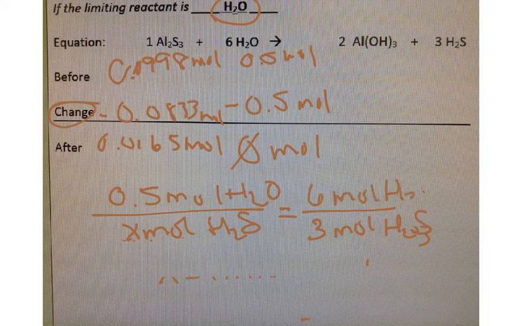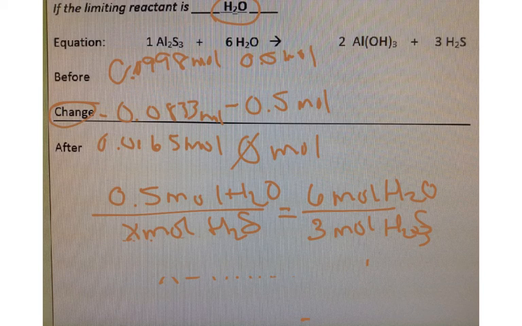The reason why we're using this limiting reactant one to figure out how much we could actually produce is because you always have to base every theoretical yield or possible amount that you can produce based off of the limiting reactant, because it is going to limit how much product you can make. So once you've identified the limiting reactant, that is the only BCA chart you need to fill out.